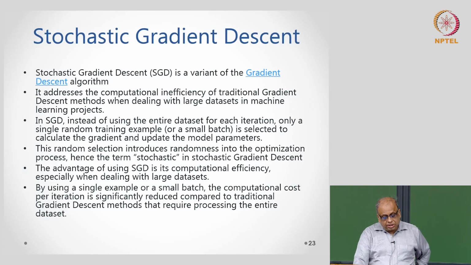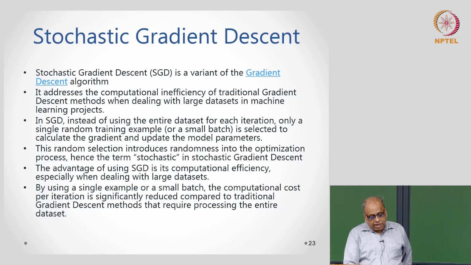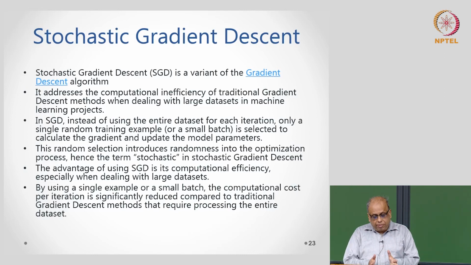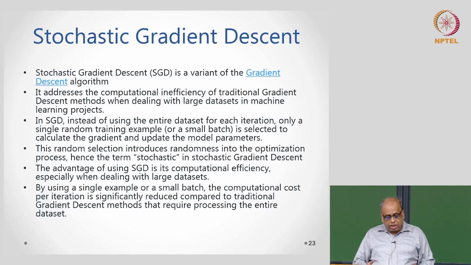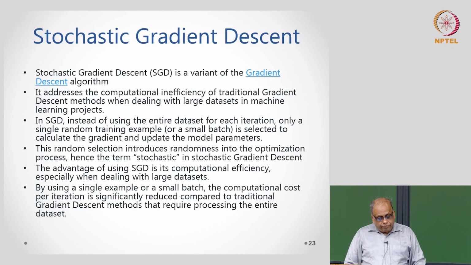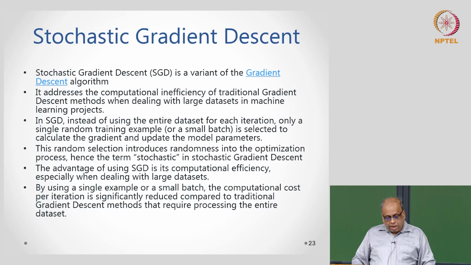So it addresses the computational inefficiency of the traditional gradient descent method. Instead of using the entire data set, each time you do not use the same batch. Each time you take a different batch and utilize that. So first time you take 1,000, the second time you take some other 1,000. You randomly select a different batch and utilize that for your calculation.